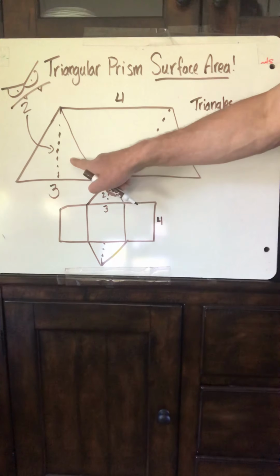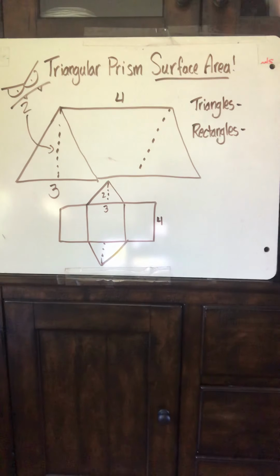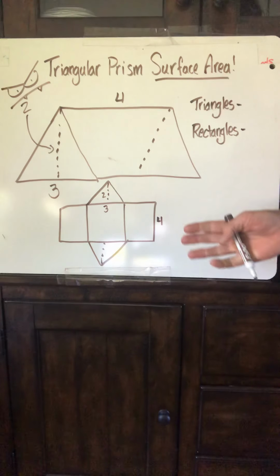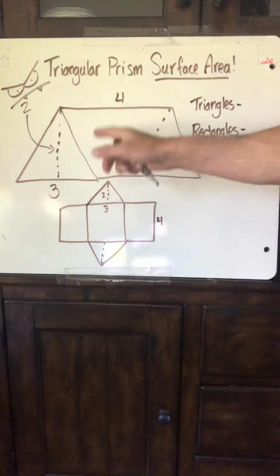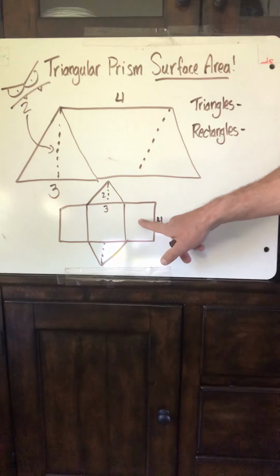If you have an equilateral triangle, all the rectangles are going to be the same. If you had a different kind of triangle, like say a scalene or even a right triangle, these will not be the same. But in this case, all I'm going to be asking you to do is a triangular prism with congruent triangles and congruent rectangles.